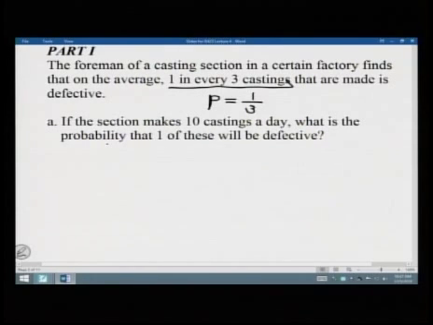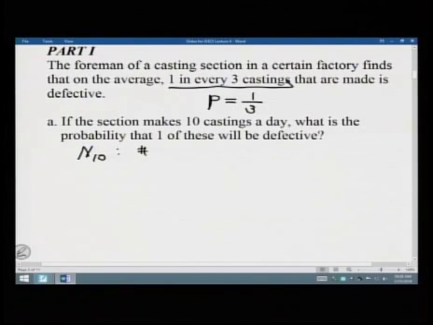We want to know that 1 out of 10 castings would be defective. In that case, we want to know that only 1 case will be a success within the 10 trials. So this is something about the binomial random variable. First of all, we're going to define the random variable. Let's say N sub 10.